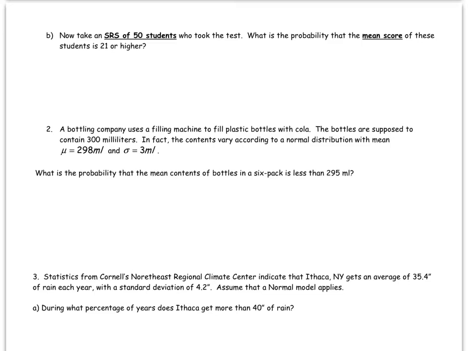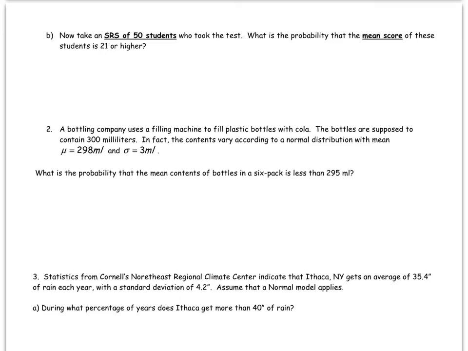So now, let's switch over, and instead of just selecting one single person, we're going to select a random group of 50 people. Now, let's think about this for a second. We're looking at the probability that the mean score for 50 students is 21 or higher. Well, there is only a 34% chance that if I randomly picked a student that they scored 21 or higher.